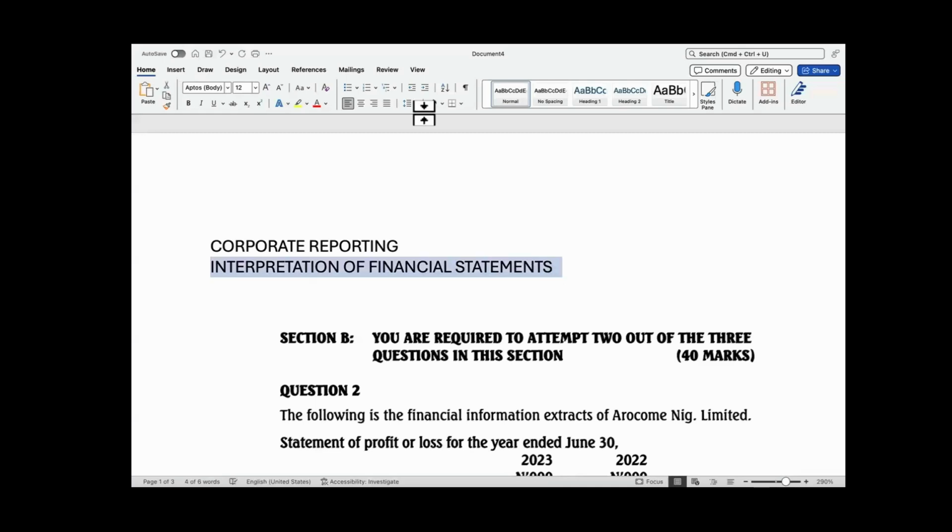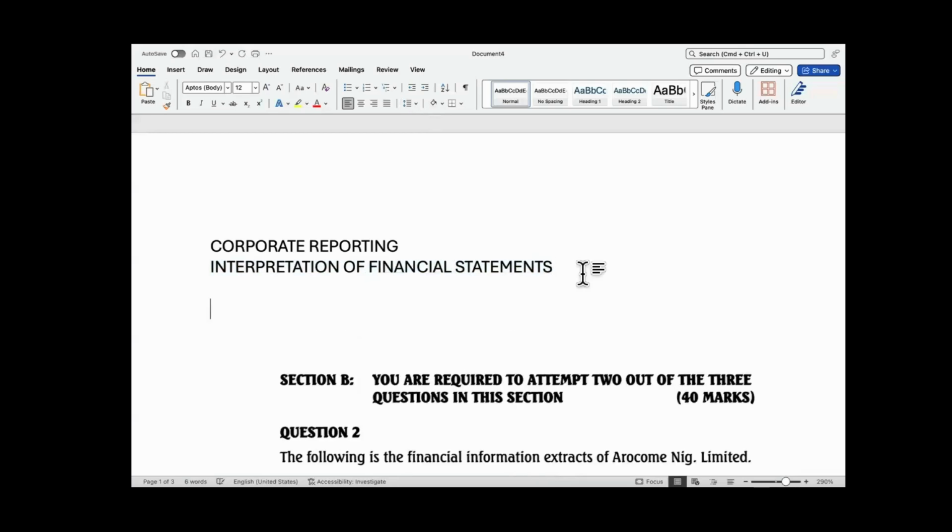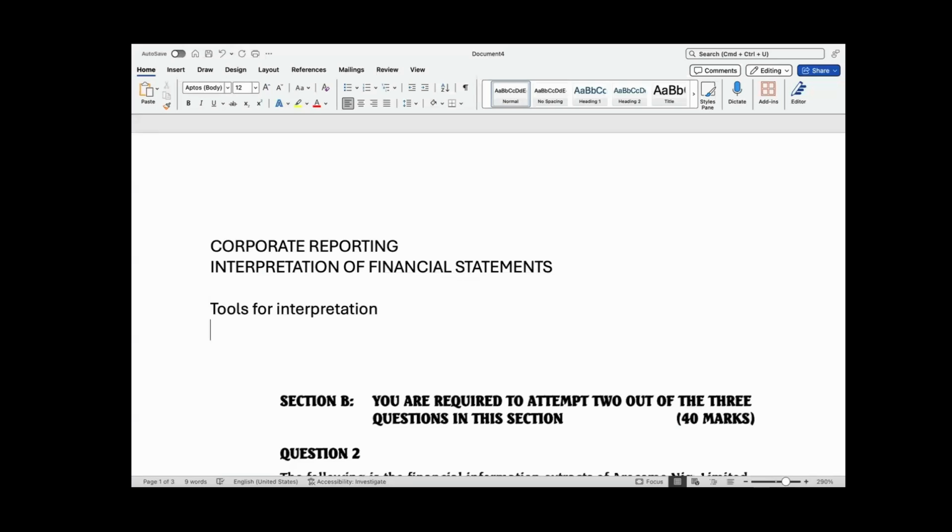for your exams, there are two major tools for interpretation that are usually available for any analysts, in your case, students, for your exam. One is ratio analysis.